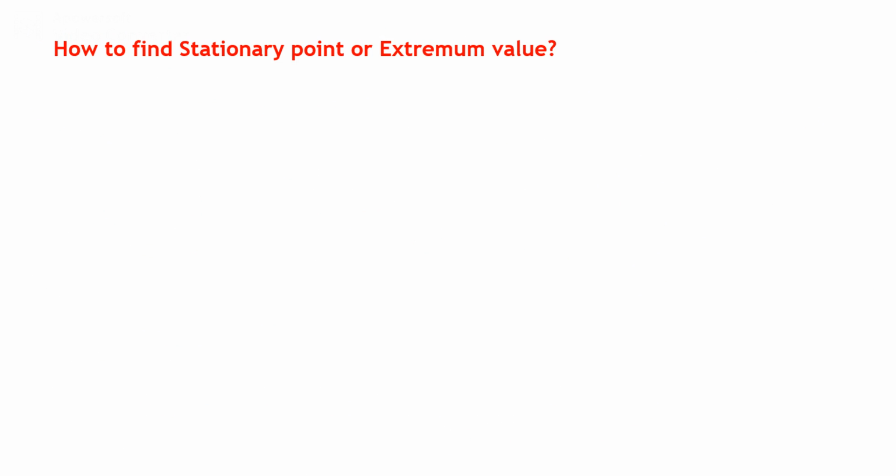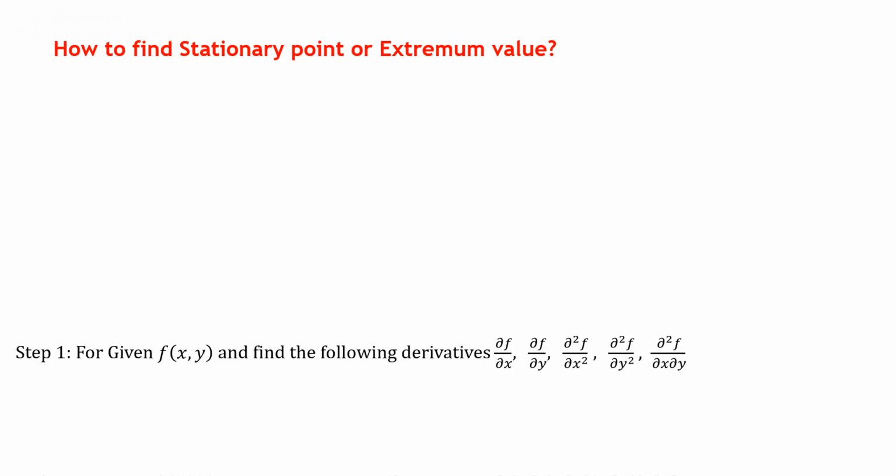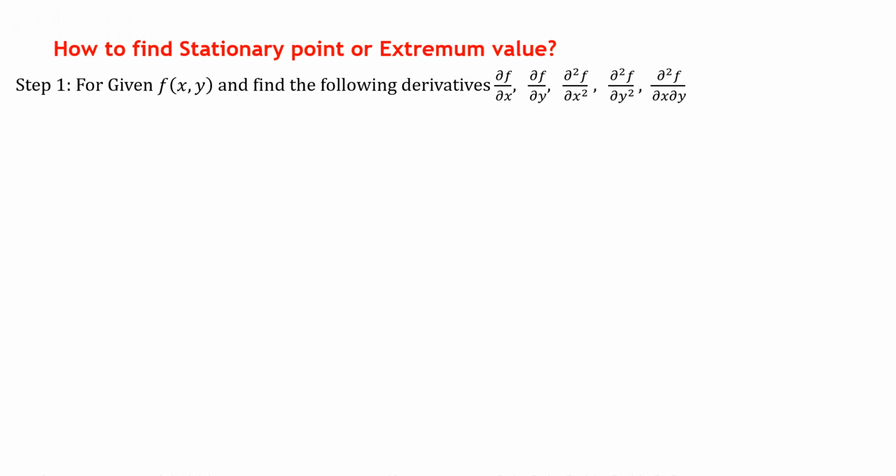Now, how to find the stationary point and the extremum value for a function having more than one variable. Step 1: for the given function, find the following derivatives: the partial derivative with respect to x, with respect to y, the second partial derivative with respect to x, with respect to y, and with respect to x and y both.